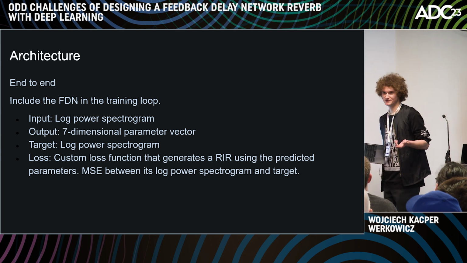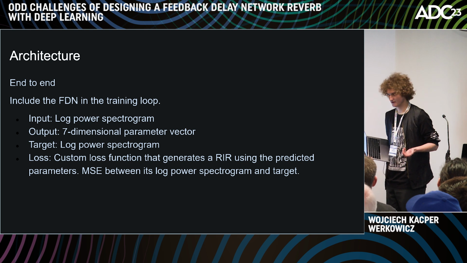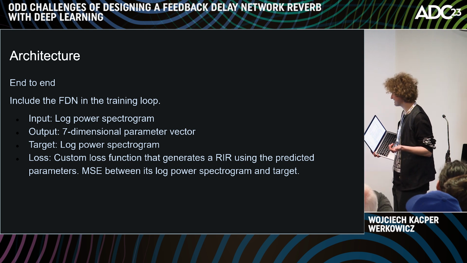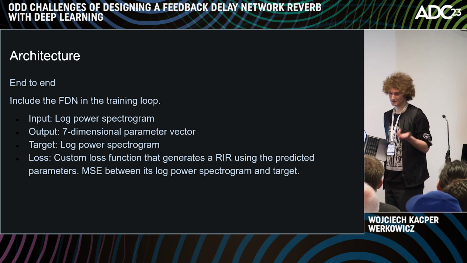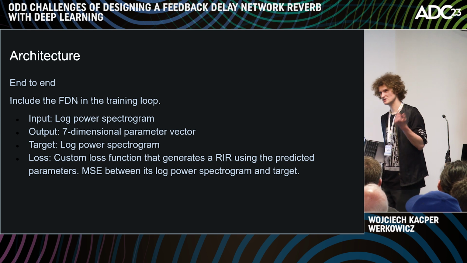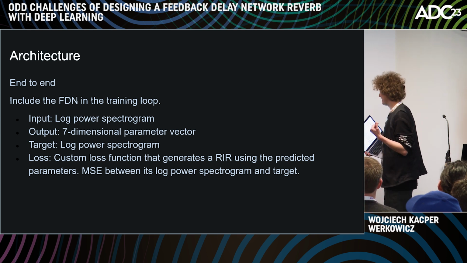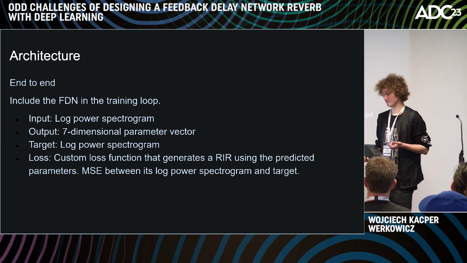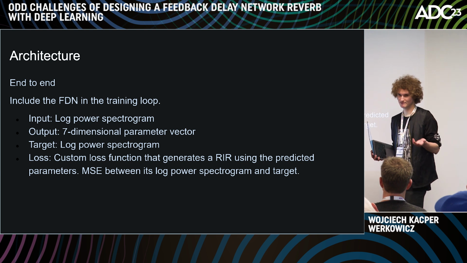An alternative would be to actually implement the FDN using TensorFlow, and I attempted doing that a while ago. Actually, I didn't use TensorFlow, I used Torch, but then you end up with something where you can use the autograd, but it's horribly slow.